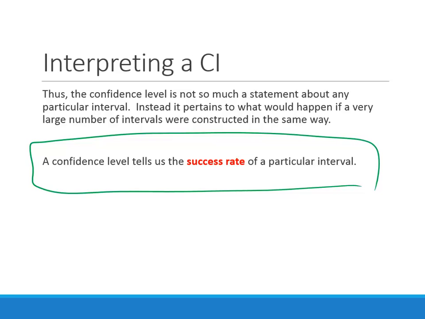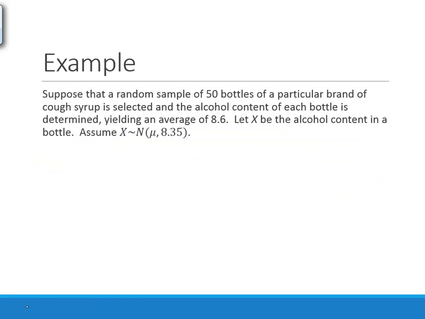Okay, we've been talking for a long time here. Let's go ahead and do an example and apply this, and then we'll also talk about a very specific way to interpret these things. Suppose I have a random sample of 50 bottles of a particular brand of cough syrup, and it's spring break, so let's talk about alcohol.